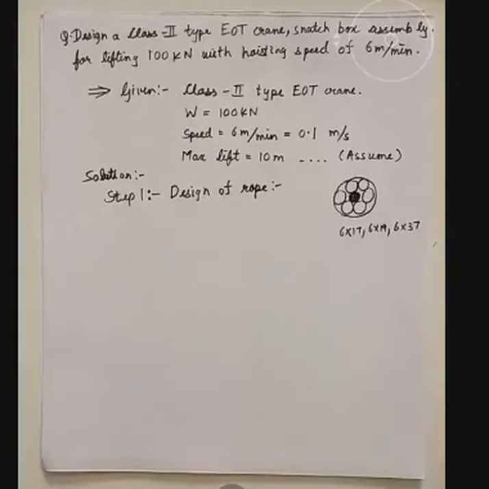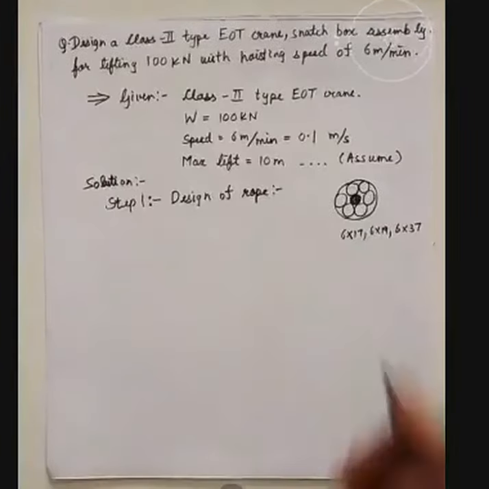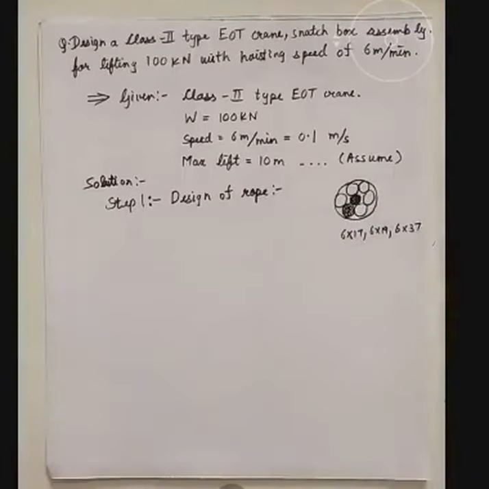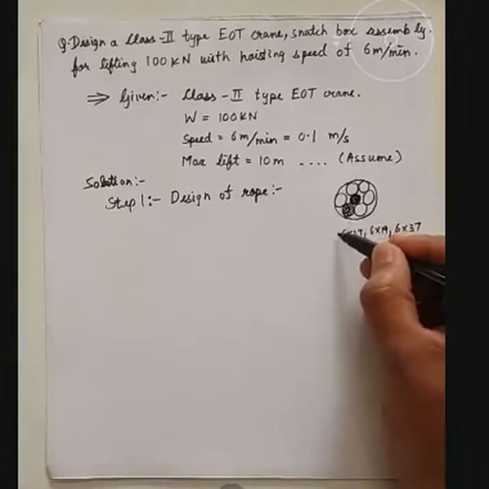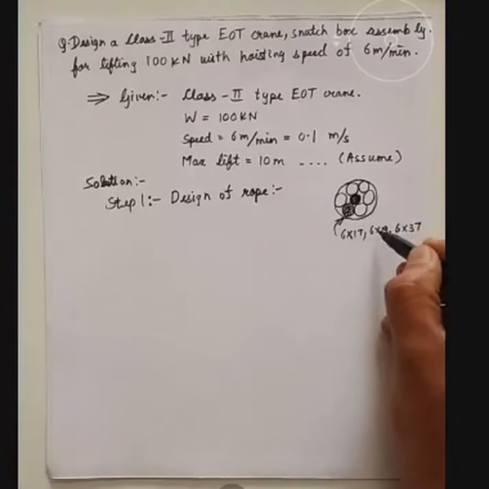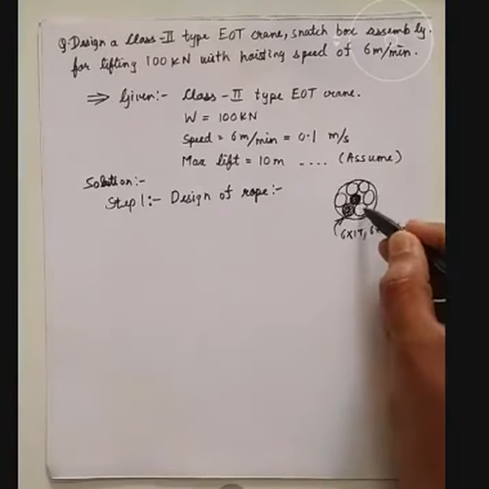So what do you mean by 17, 19, 37? 17 means inside each lobe there will be 17 small steel wires or fiber core. So this is basically a 6 lobe 17 wire rope. If it is 6 into 19, inside each lobe there will be 19 steel wires.